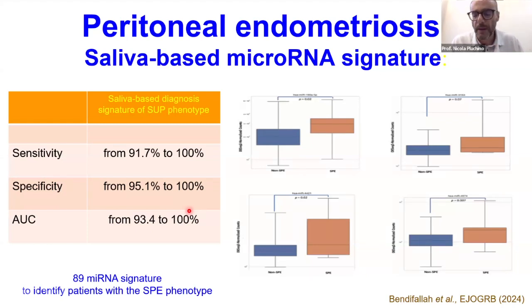There are now also data showing that using these technologies and this specific analysis through artificial intelligence protocols, the same group was able to identify an 89 microRNA signature that is specific for the diagnosis of peritoneal endometriosis.